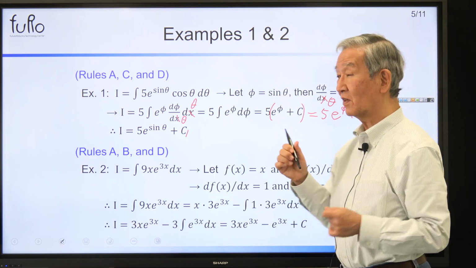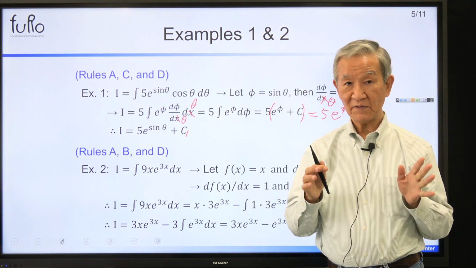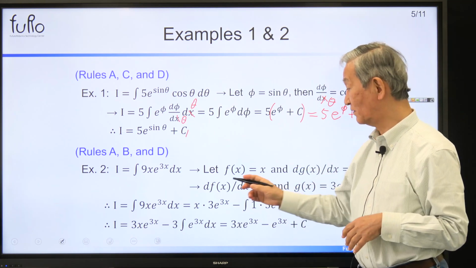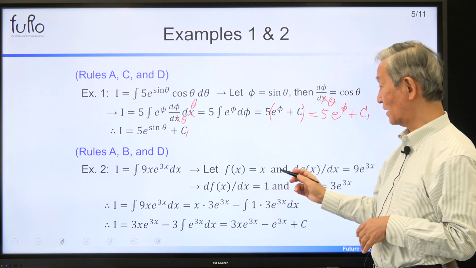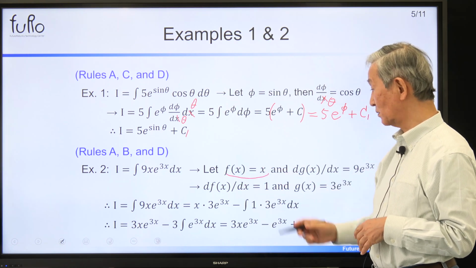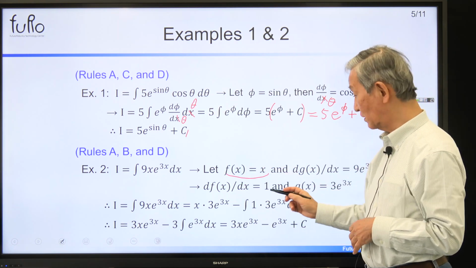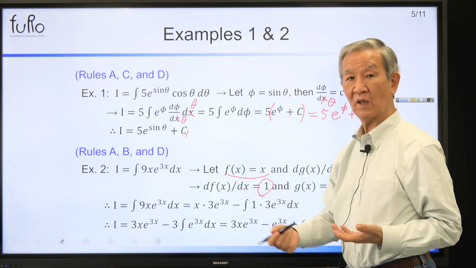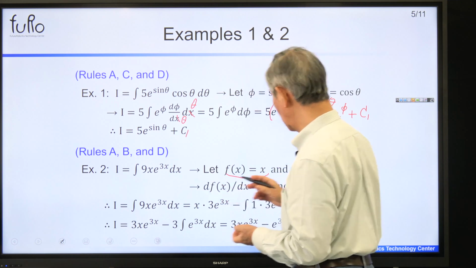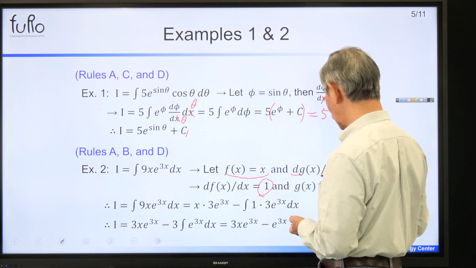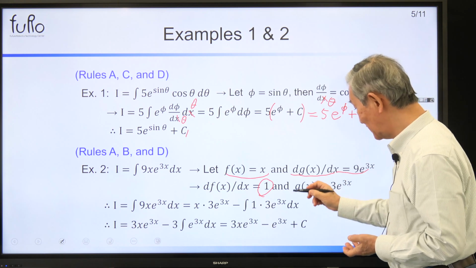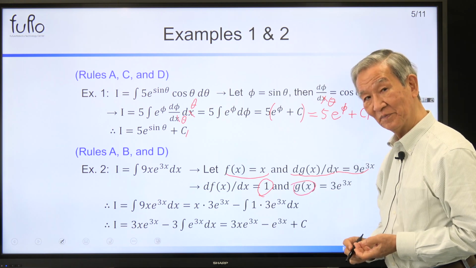As I said, you choose f in such a way that df/dx is easy. So here, what I did was that I chose f(x) to be x. Then the derivative of that is equal to 1. At the same time, it is equally important to choose dg/dx to be something for which g is easy to find.